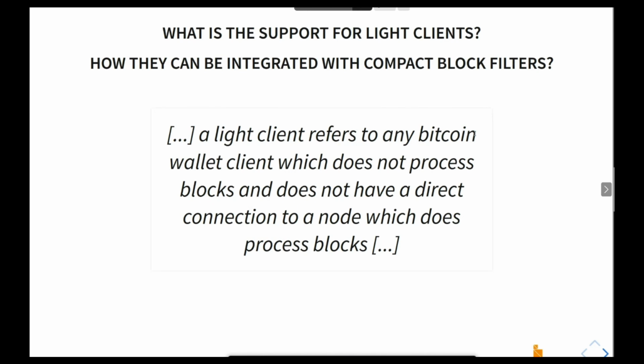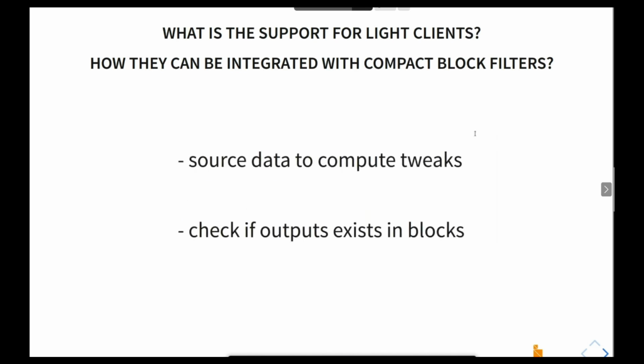So that's what we understand here by light clients. What we need to do in those light clients is to source the data that we need to compute the tweaks, and to check if any of the outputs that we have produced are in the blocks that we are scanning.